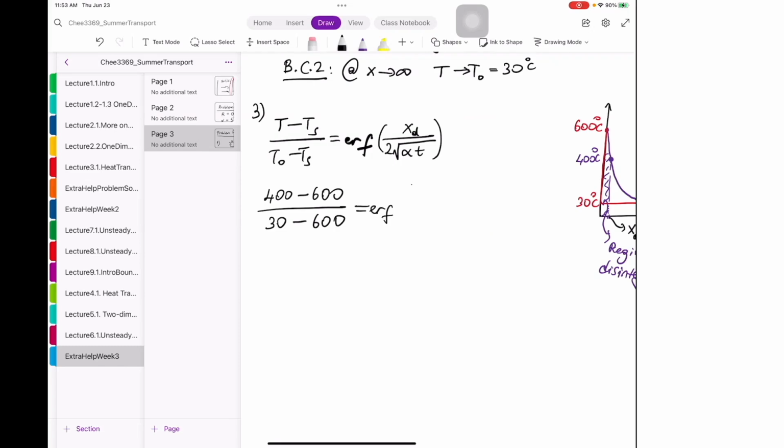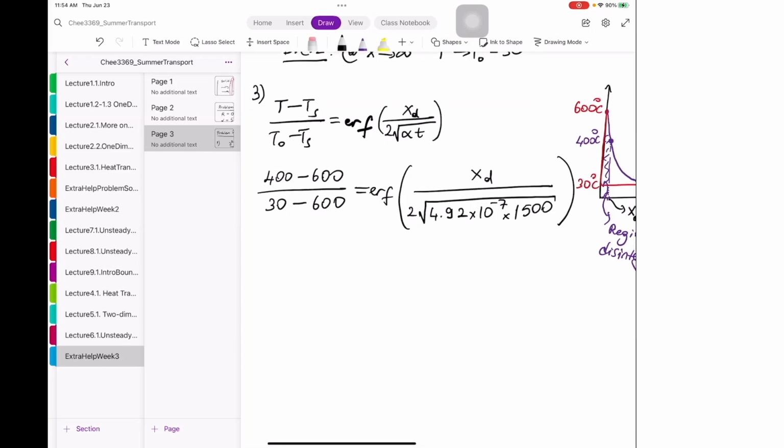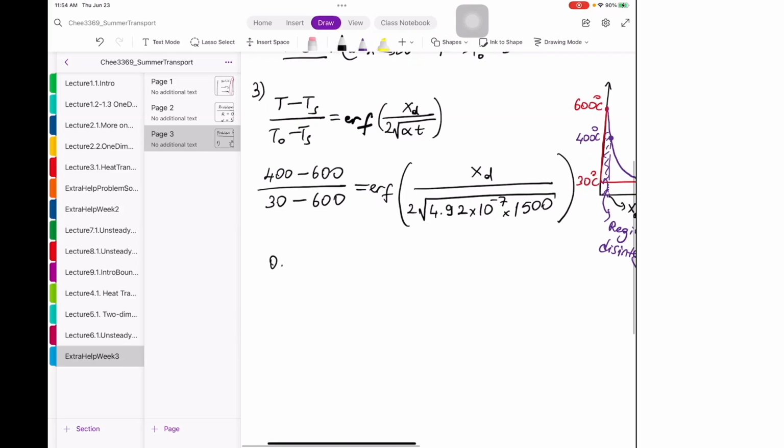Error function of xd over 2 times square root of alpha, given as 4.92 times 10 to the minus 7, times 1500. This left-hand side gives you 0.351, and the error function of 18.4 roughly xd.